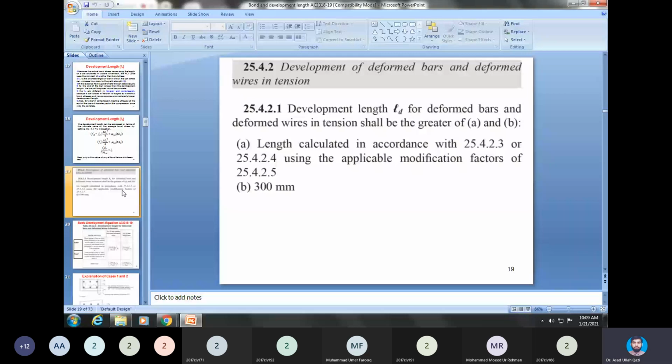Z.A. Siddiqui's book available in the Strength of Materials Lab and a few other books online have modified their contents according to the 2019 ACI code, but some authors have not yet converted the references to the latest publications of ACI.